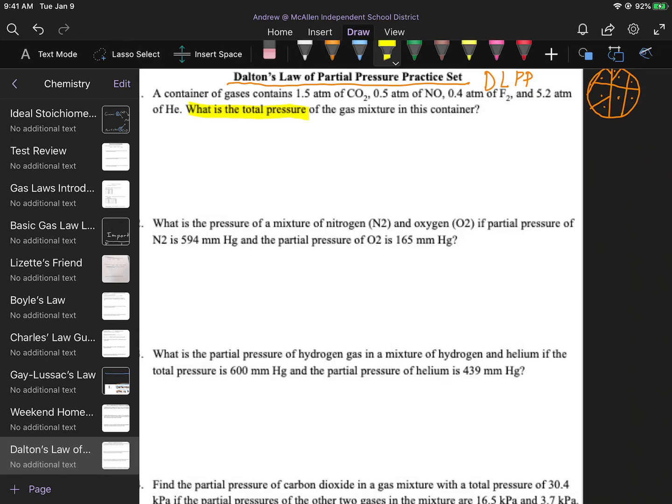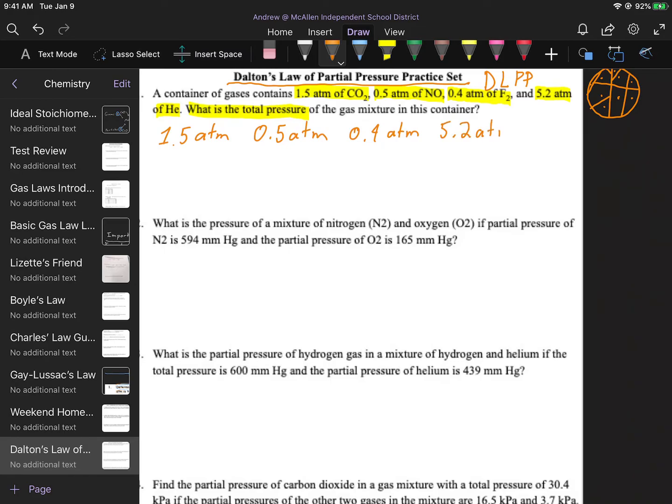Well, our first gas, our first little piece of the circle, is 1.5 atmospheres. Our second piece, 0.5 atmospheres. Our third gas, 0.4 atmospheres. And then our final gas, 5.2 atmospheres of helium.